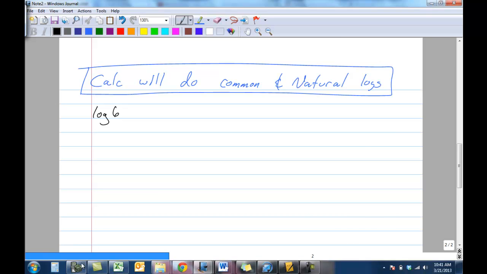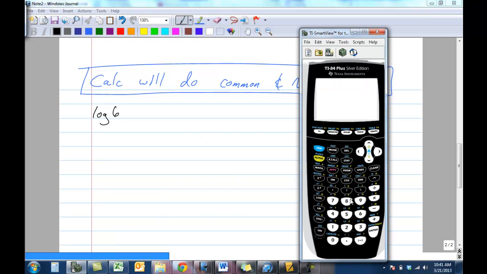All right, pull out your calculator, and your log button is right next to your 7. So press log, and see it gives you parentheses, log of 6, and it tells you that log of 6 is 0.778. We're going to go to 3 decimal places for this. So log of 6 is 0.778.